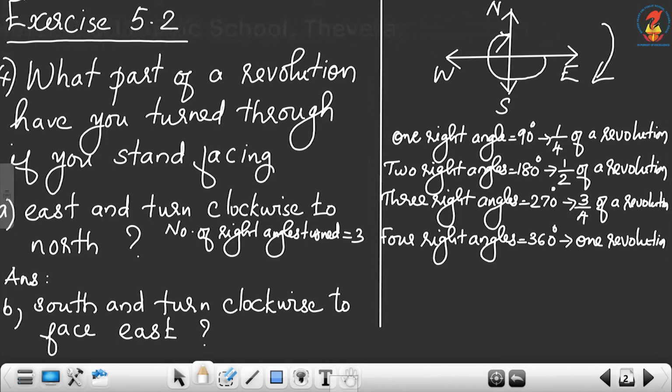Then if you turned three right angles, what will be the angle measure? 3 right angles means 270 degrees and it will be 3/4 of the revolution. And we can say that the answer is 3/4 of the revolution.